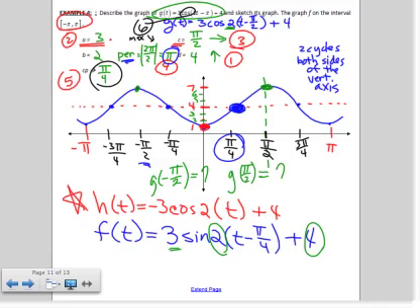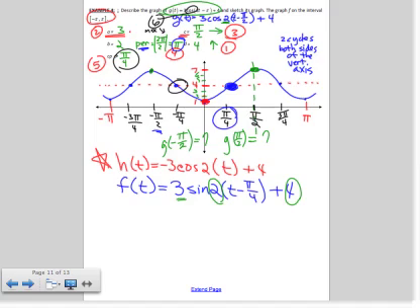Let's do one more fun one. We've done a negative cosine and a positive sine. Let's do a negative sine. Let's do this one, and call it y of t. What function are we graphing if we start right here? It's a negative sine because we're going from a 0 to a minimum.